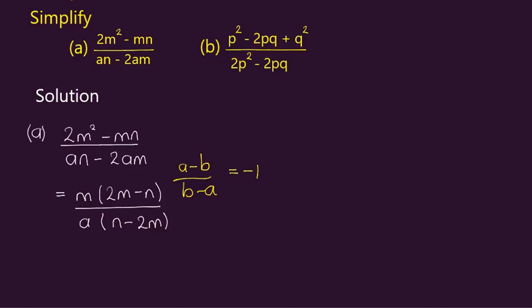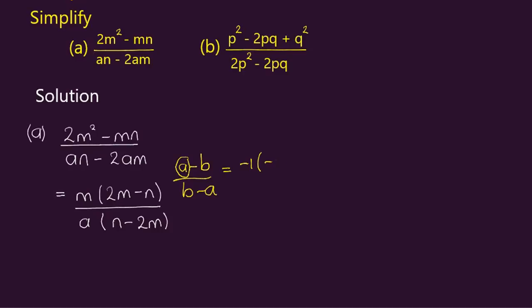Wherever you have your terms a minus b dividing b minus a, or b minus a divided by a minus b, dividing those terms will always give you a -1. How is that so? If you have a minus b and you factor out a -1, then dividing -1 into a, you get -a, right?